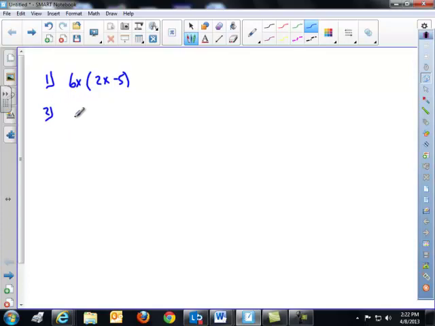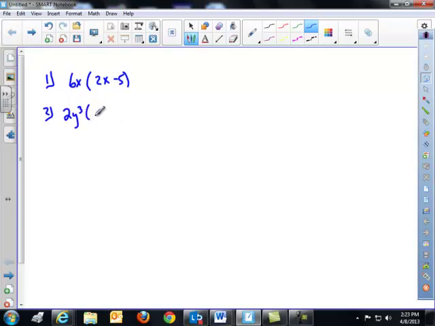Number 10, we are also using the GCF, and it looks like the only thing that goes into all those terms will be a 2, so we factor a 2 out of there, and they each have a y, so we take the smallest of the exponents out of there, so we're taking out a 2y cubed.